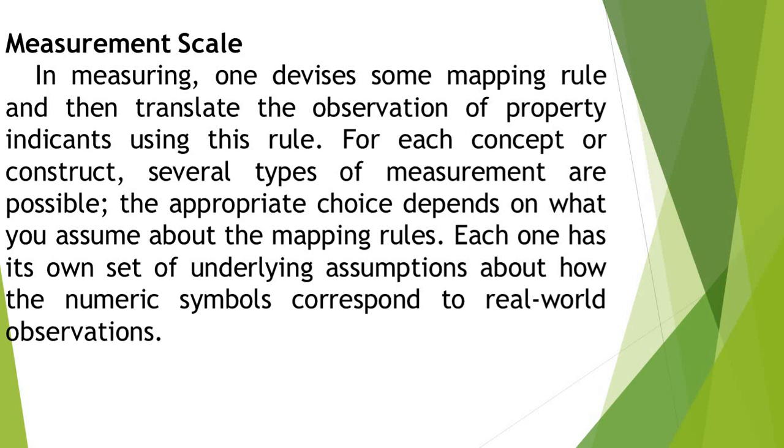The appropriate choice depends on what you assume about the mapping rules. Each one has its own set of underlying assumptions about how the numeric symbol corresponds to real-world observation. Measurement scales can be 3-point, 5-point, 7-point, or 9-point scaling. It's up to the nature of your study.